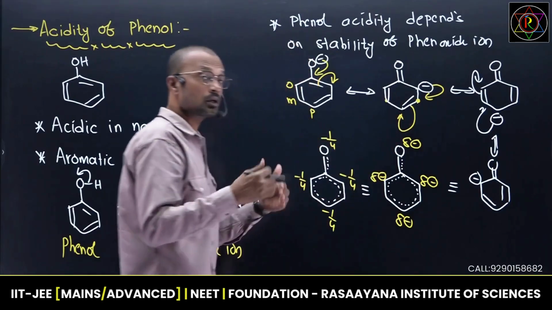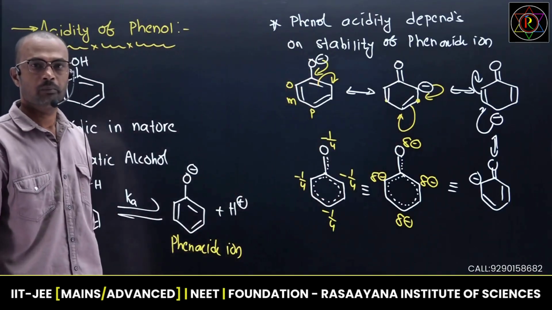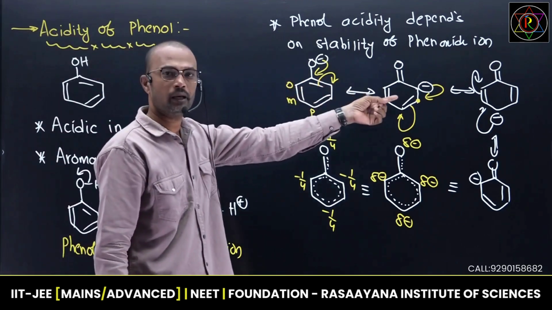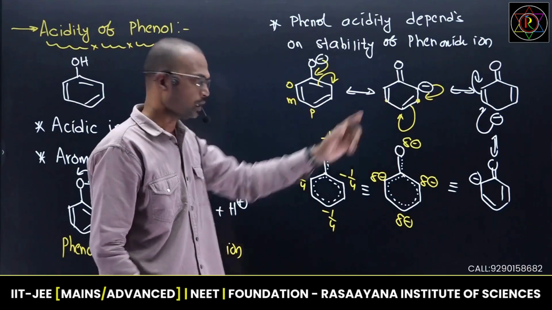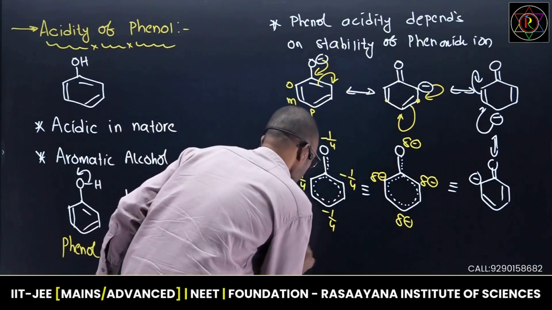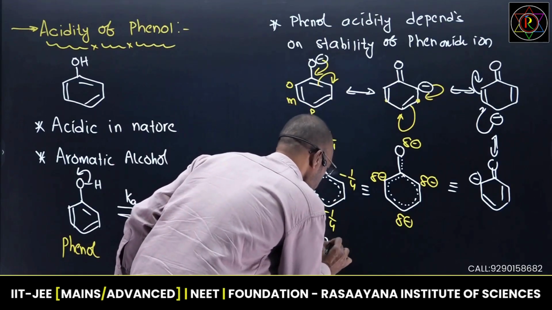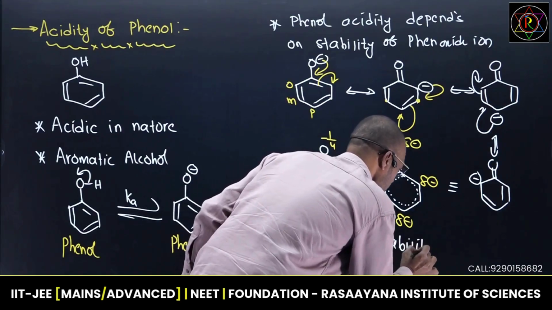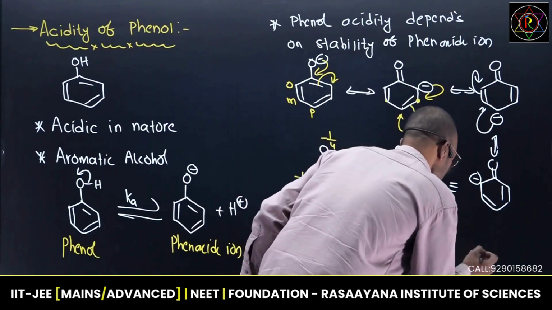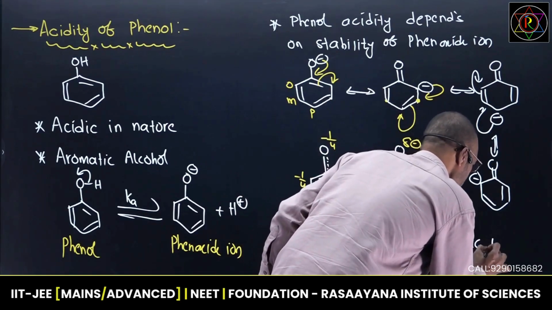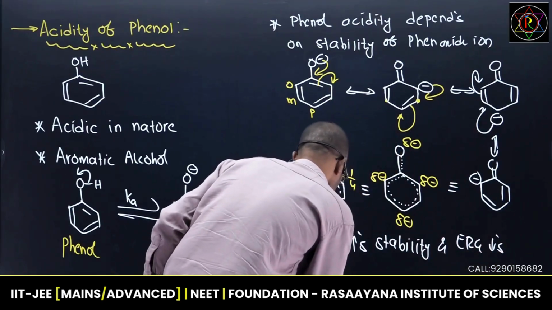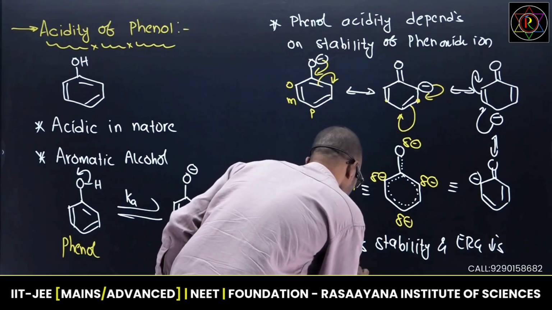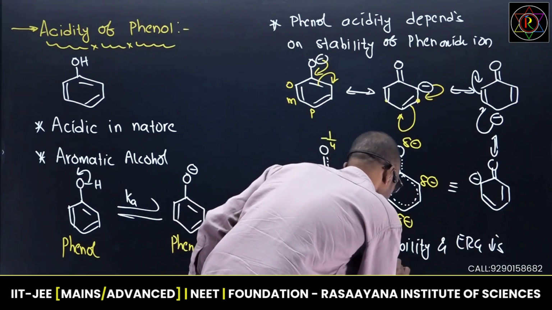The phenoxide stability rapidly increases because negative ions are stabilized by electron withdrawing groups. So finally, electron withdrawing groups increase stability, and electron releasing groups decrease the stability of phenoxide.